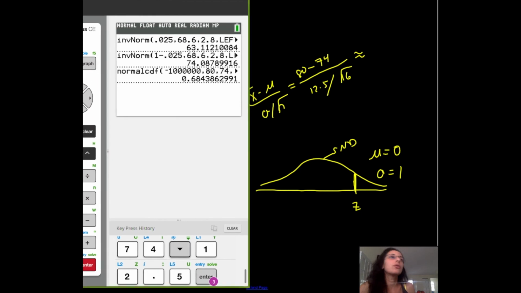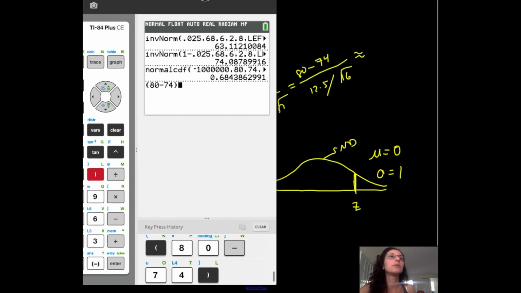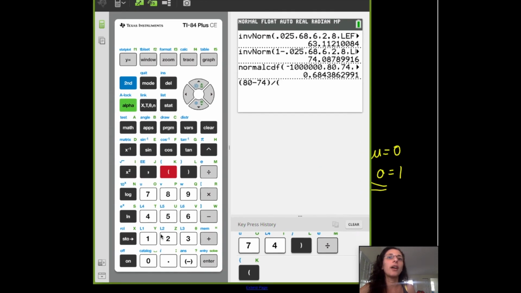If you're going to plug it all directly in, put parentheses around the numerator, 80 minus 74. That's my numerator, divided by my full denominator, which is 12.5 divided by the square root of 16.